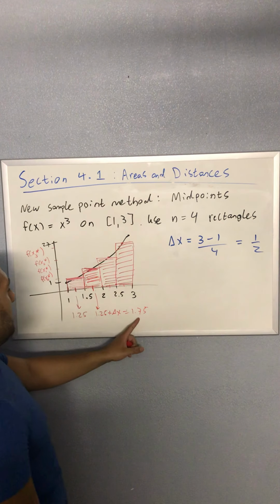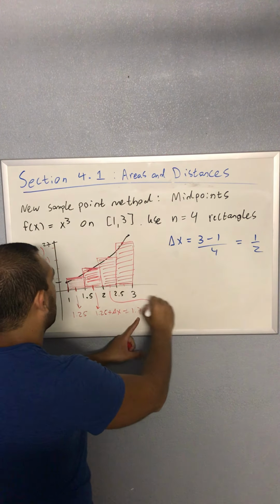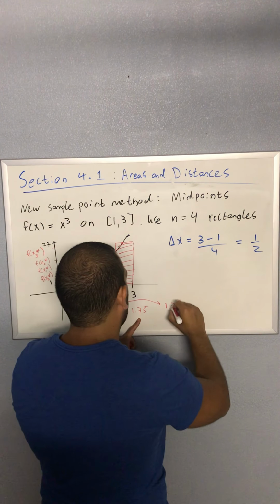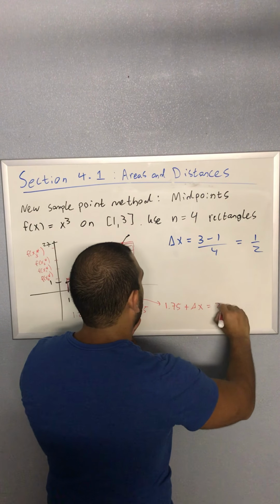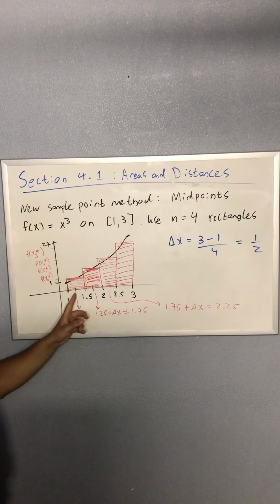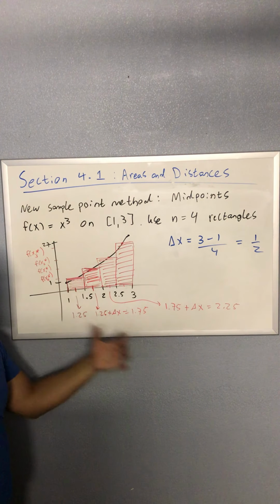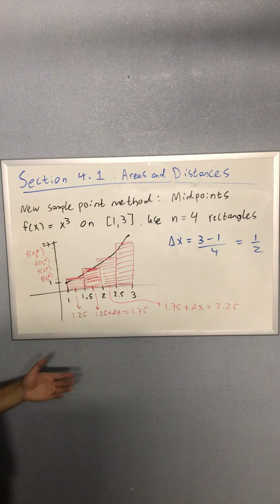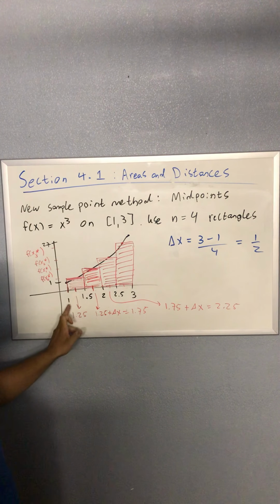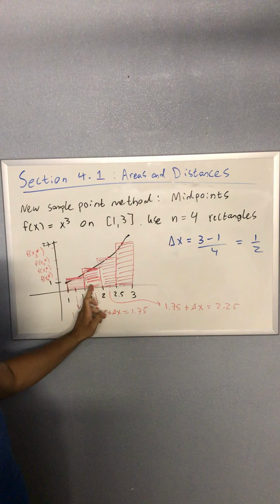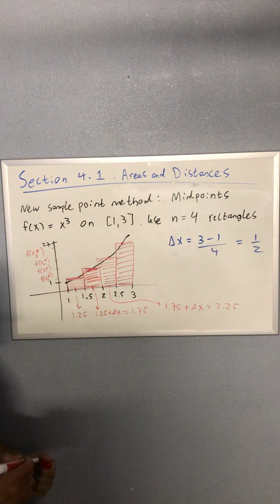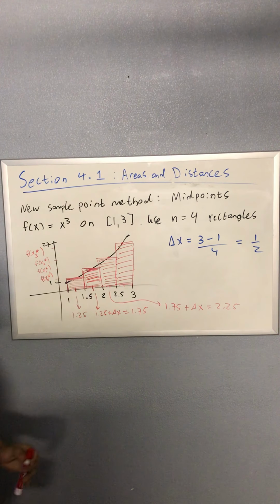And then to this next point, if you add again the width of the interval, a delta x, that's again going to give you 2.25, which you needed. Once you have one point, you can get the rest of the sample points very easily by using delta x, the same way that we constructed the subintervals. Once we had this point 1, all we had to do was keep adding delta x to get the next points in the subintervals. So delta x is extremely useful for many, many reasons.